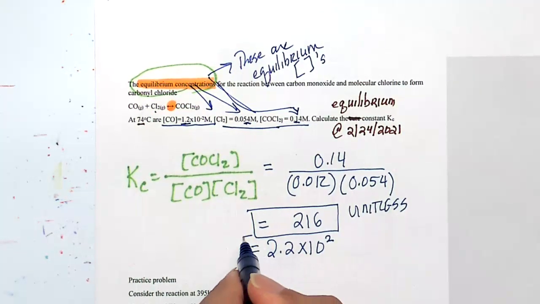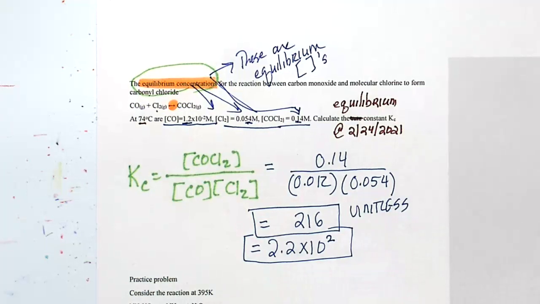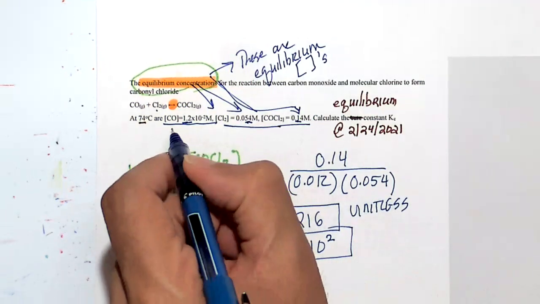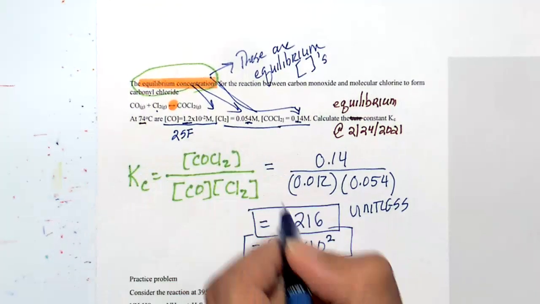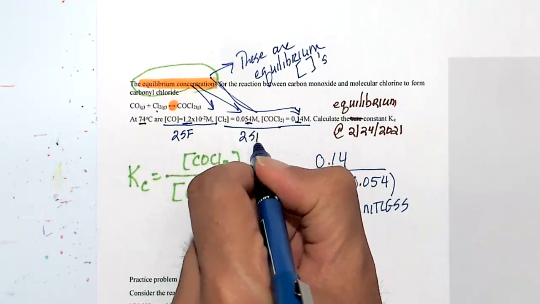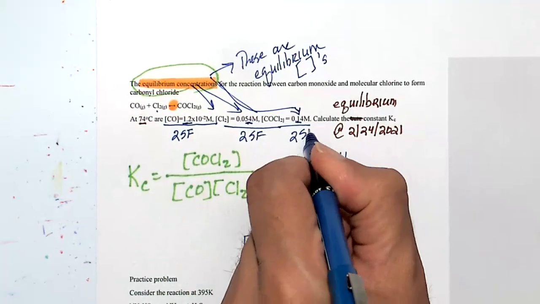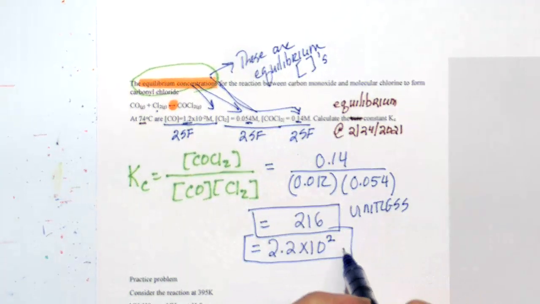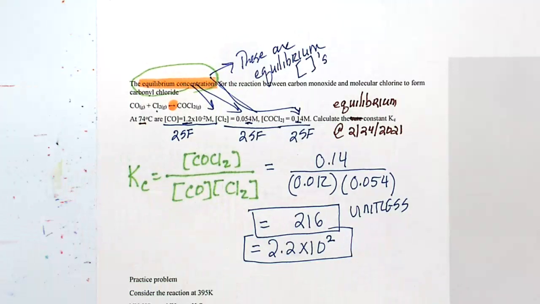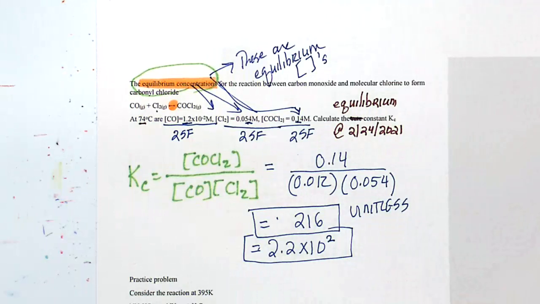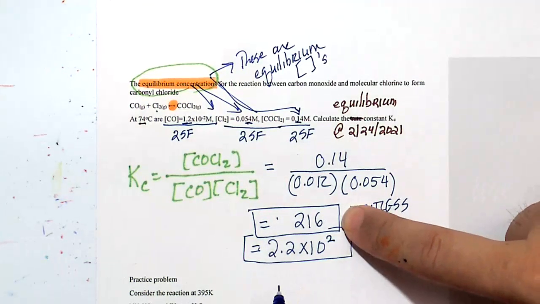It's the same thing, but this answer is more in line with the significant figures of the problem. You know, either will be fine. If I don't specify significant figures, you don't have to worry about it. This is good enough.